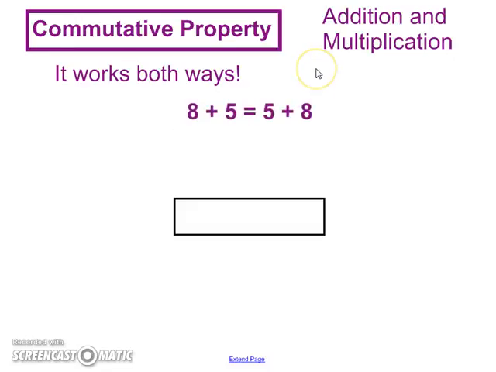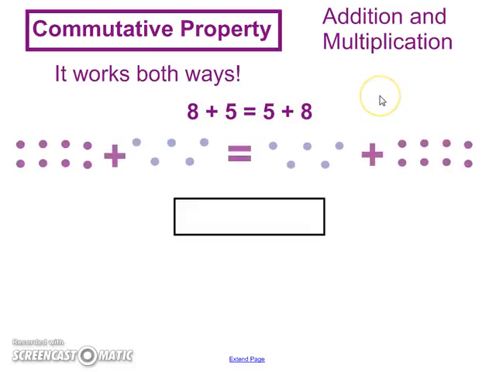But what we're basically saying is addition can be done in any order. 8 plus 5 is the same thing as 5 plus 8. Both of them are 13. Now you'll notice here this is just a little diagram with dots. 8 dots plus 5 dots is 13 dots. 5 dots plus 8 dots is also 13 dots. It doesn't matter which order we add those things together.